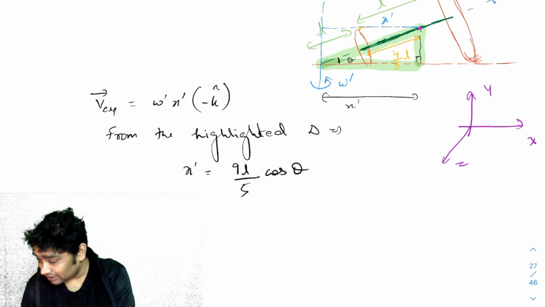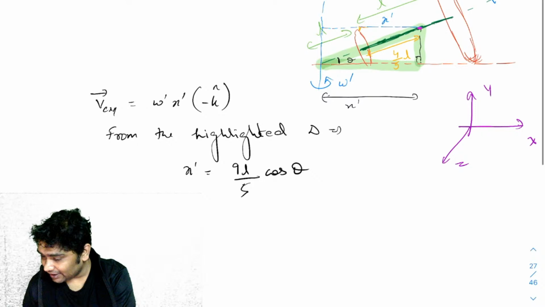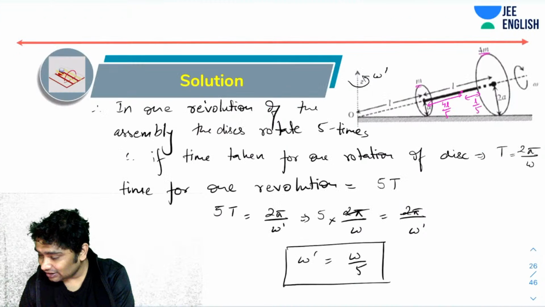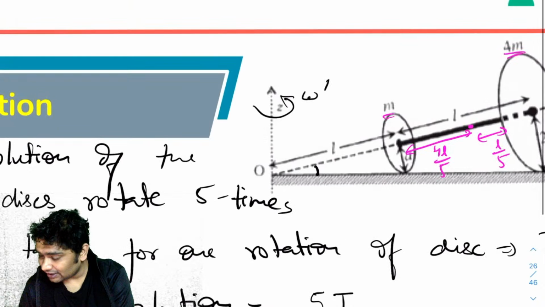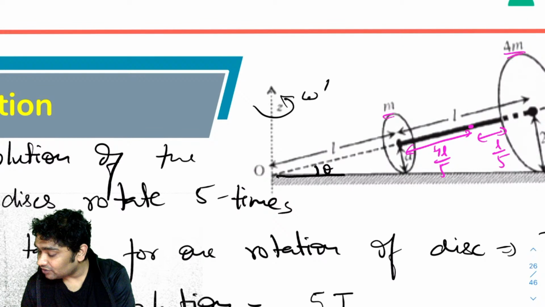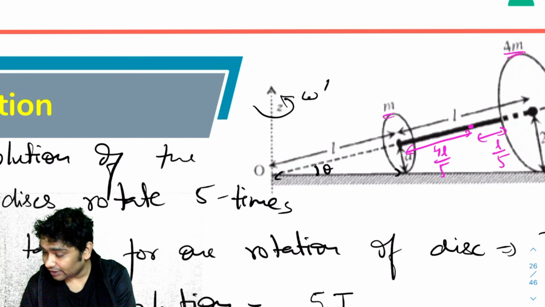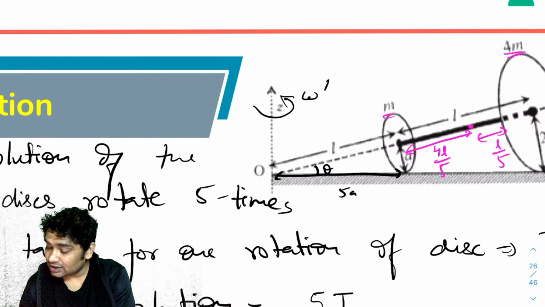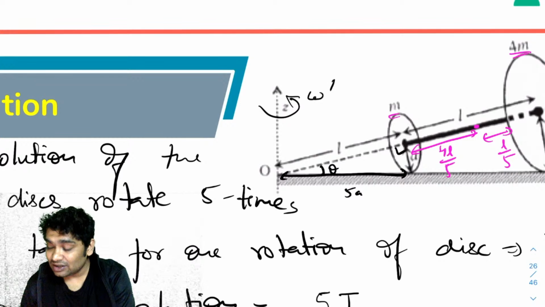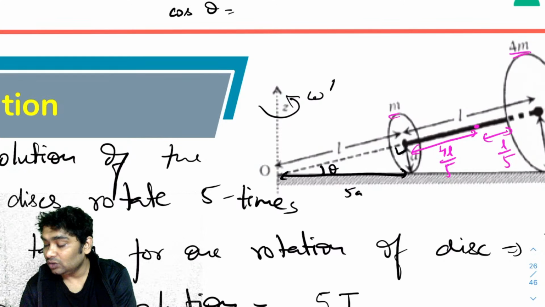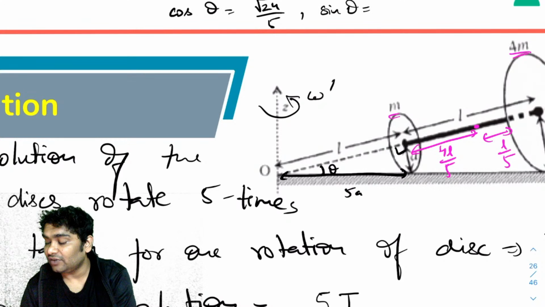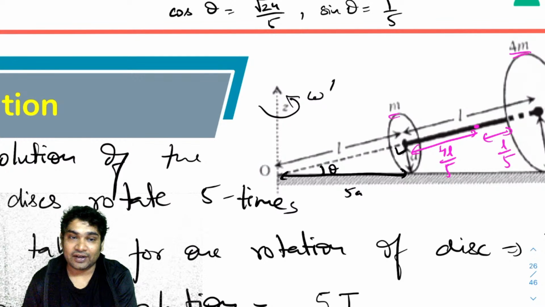And in this triangle, we already discovered some things about this theta. If this was theta, this was 5a, which we had already calculated, this I know is a, this is 90. So from here, what is cos theta? I can say cos theta was root 24 by 5, and sine theta was 1 by 5. And tan theta you can also find out now.